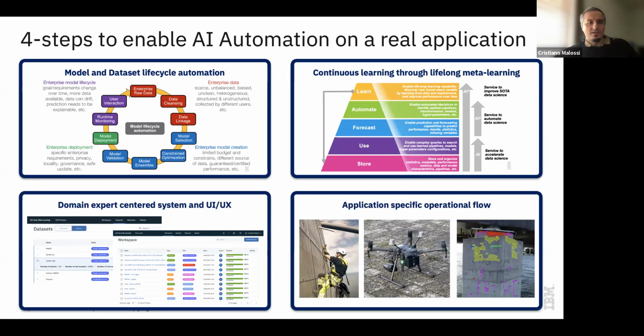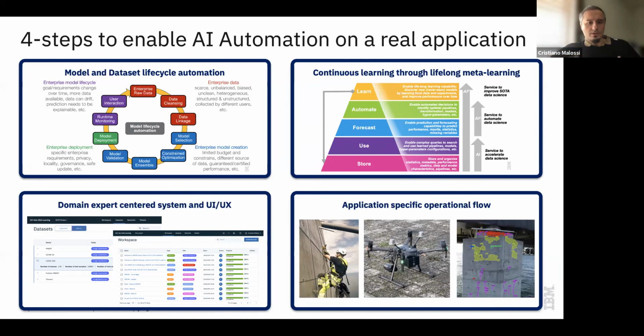On the top one, you see what we call model and dataset lifecycle automation. People sometimes think about automation of AI just in terms of building a model and delivering it into an application, but there are a lot more steps to take into account, from data preparation, the way you automate the ingestion of new data, to the linking or cleaning of the data. That also is part of the process.